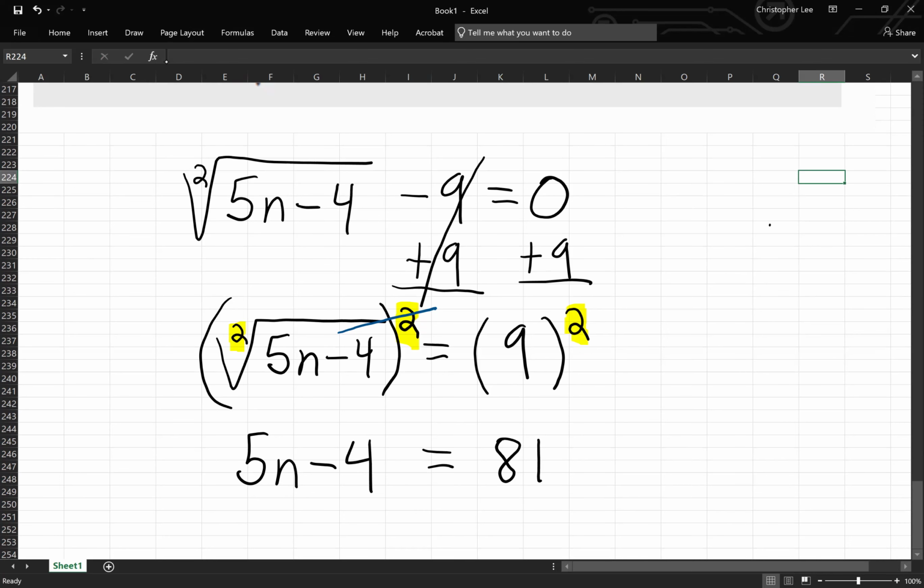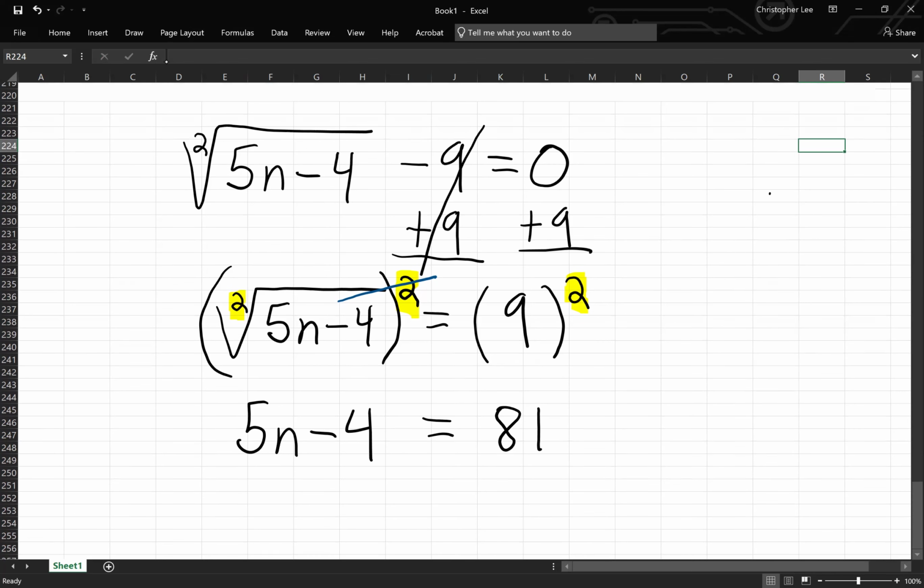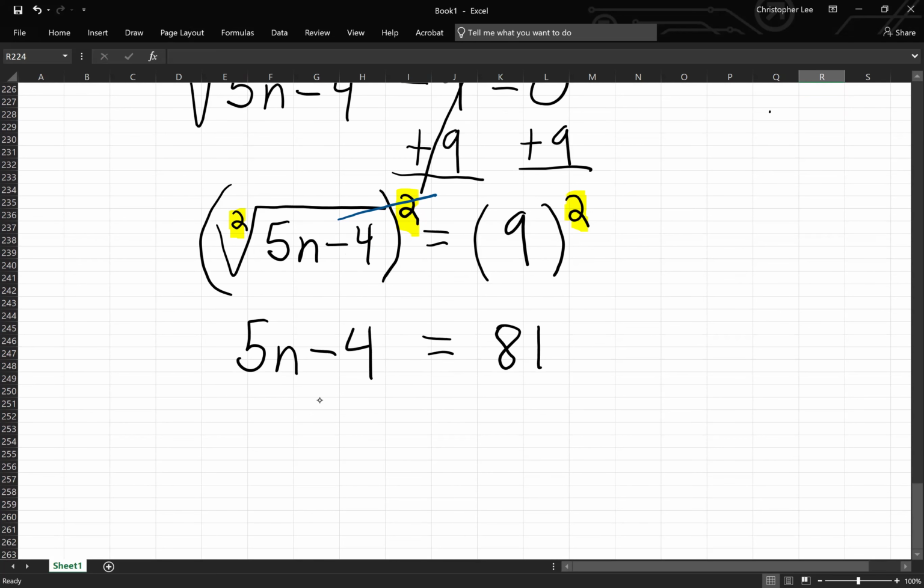So to solve for n, what do I have to do? Very good. I'm going to add 4 here to get rid of the negative 4, but what I do to one side of the equation, I do to the other side. So now I have 5n is equal to 85.